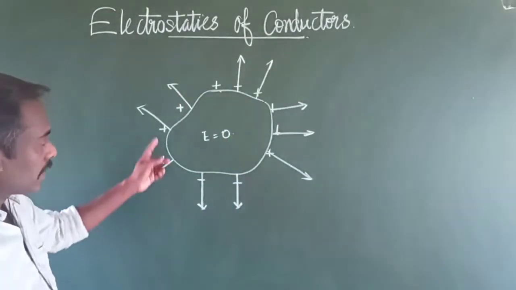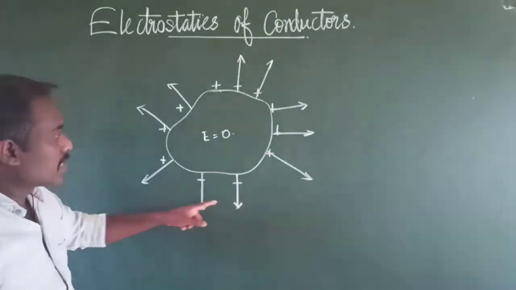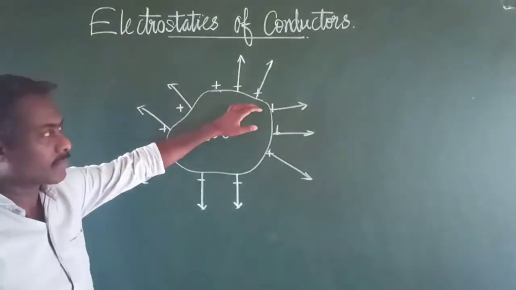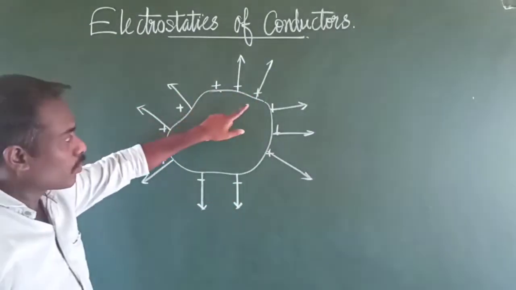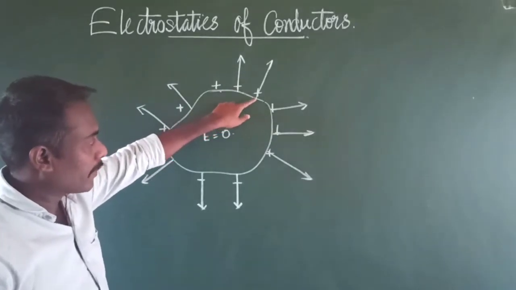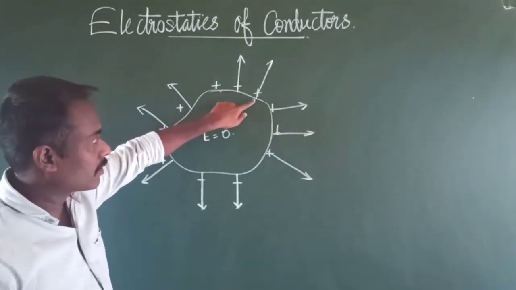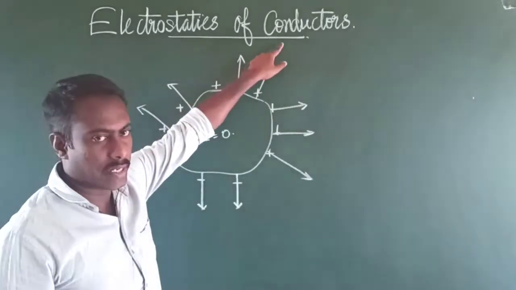If the conductor is charged with positive charges, the field is perpendicular to the surface and directed outwardly.